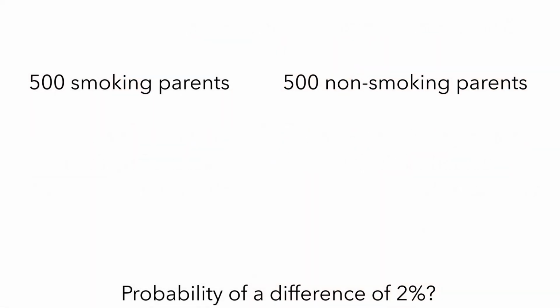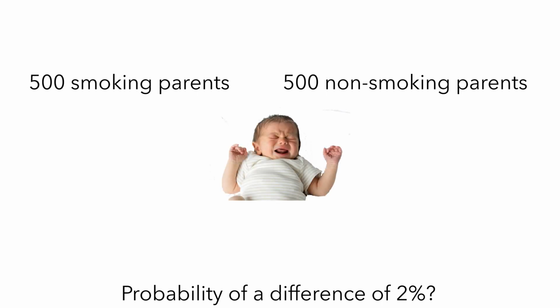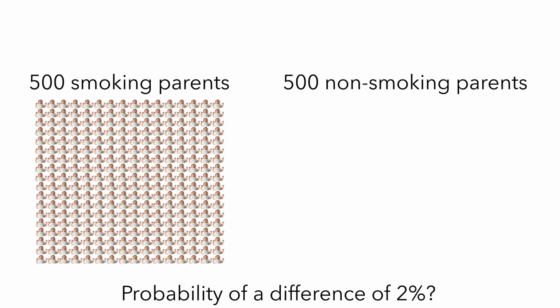You would start by taking one set of 500 smoking parents and one set of 500 non-smoking parents. But instead of looking at one baby and set of parents at a time, you would look at 500 at a time, and you'd compute the percent of those 500 that were girls. And you wouldn't stop there. You'd look at many, maybe 1,000 sets of 500 smoking parents and compute the percent of each set that had girls.